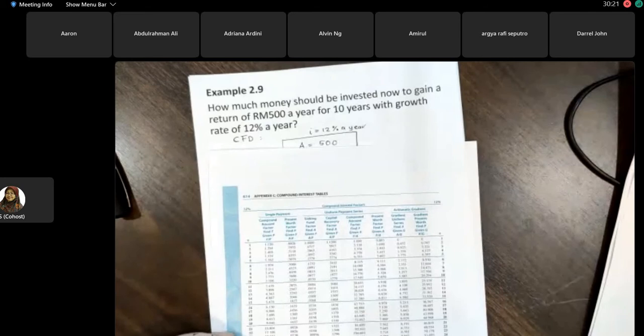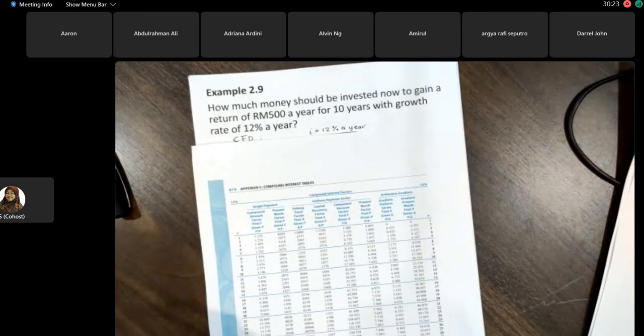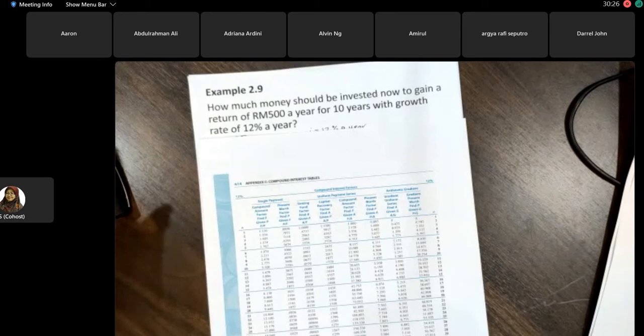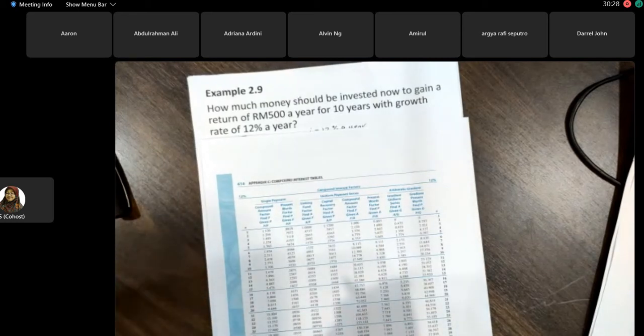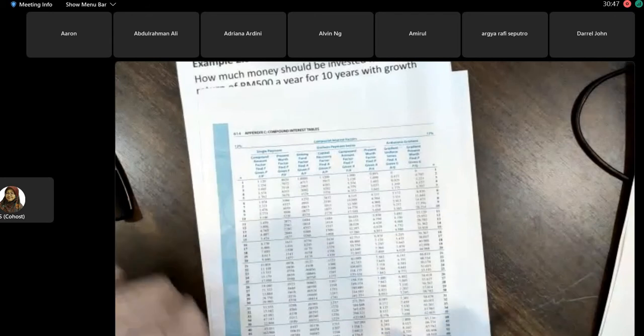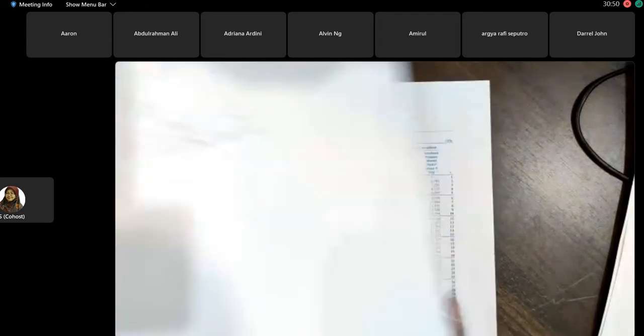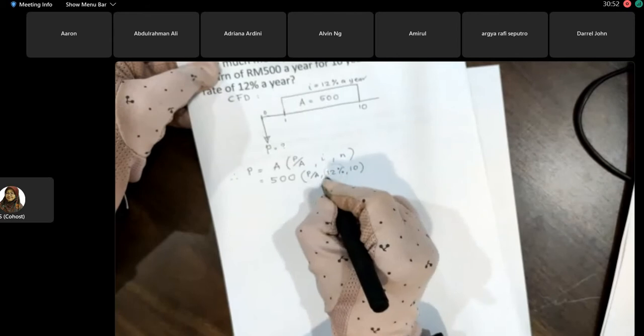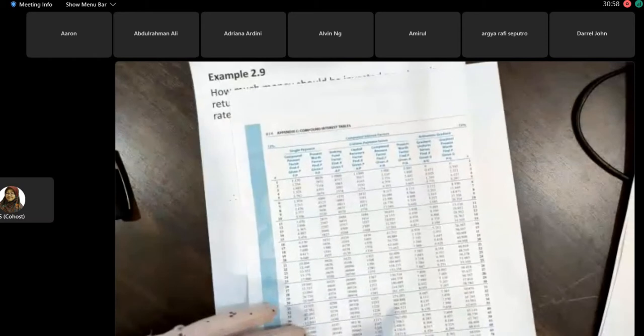Okay, 12%, and by looking at this one, 12% with P over A and the year is 10.